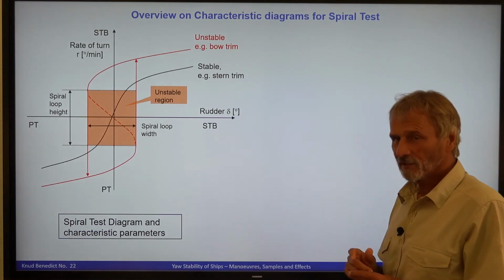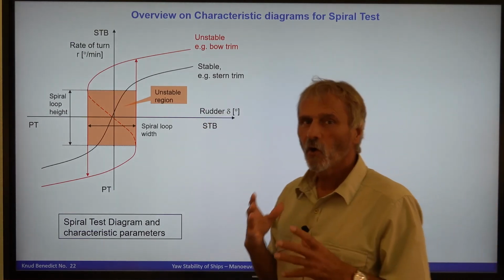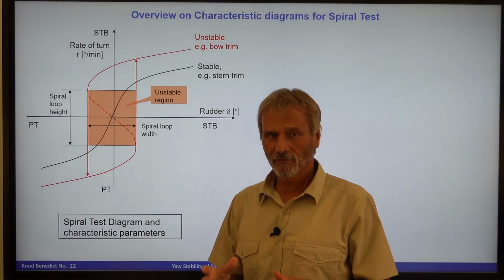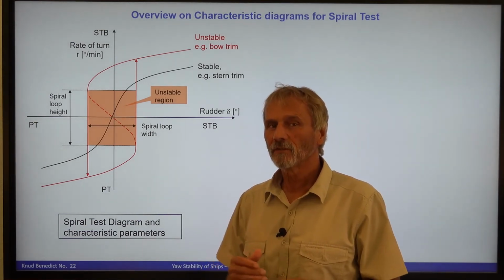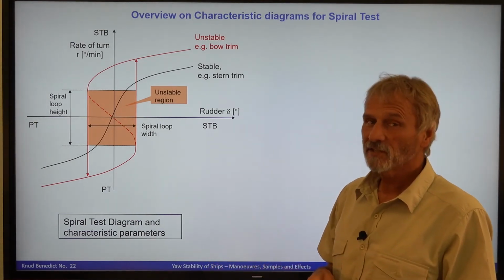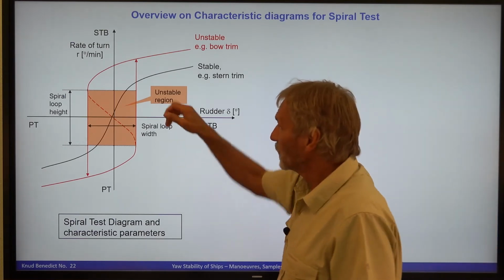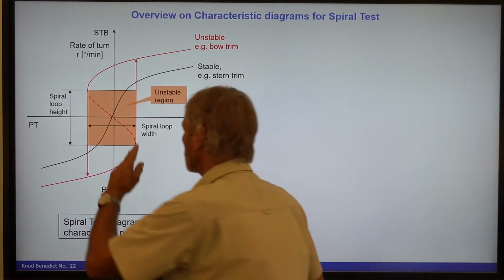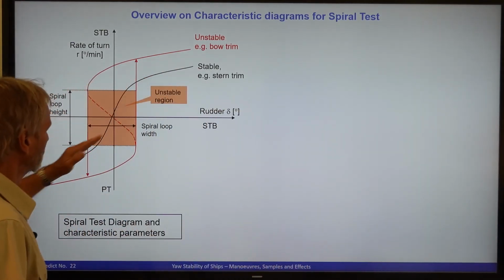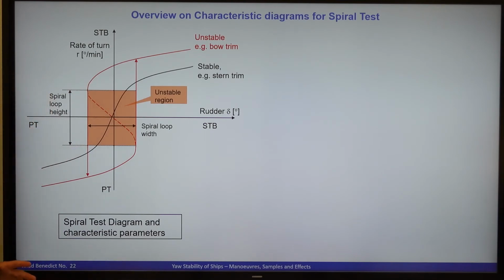What is important is the slope of this curve. The slope of this curve says something about the stability. So for this graph, it's always a positive slope. I mentioned that already in the wind stability movie.